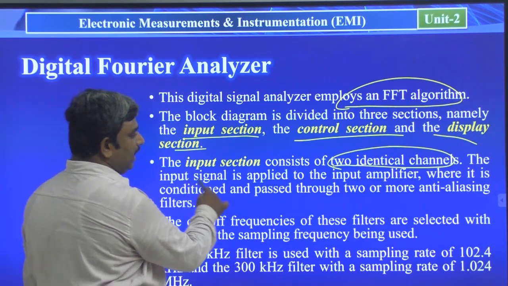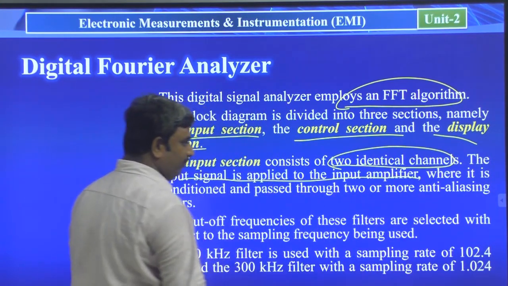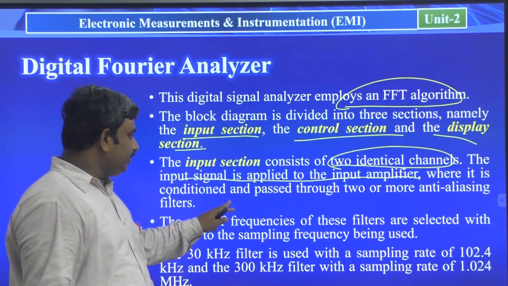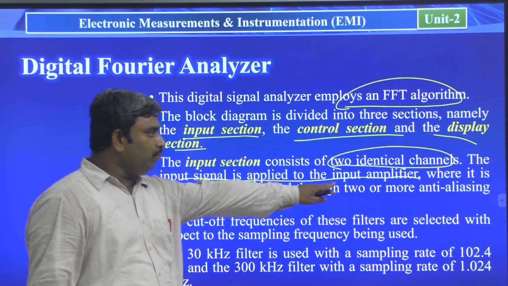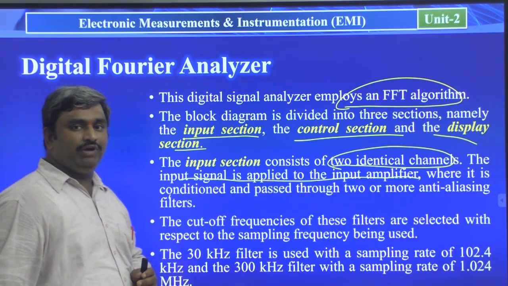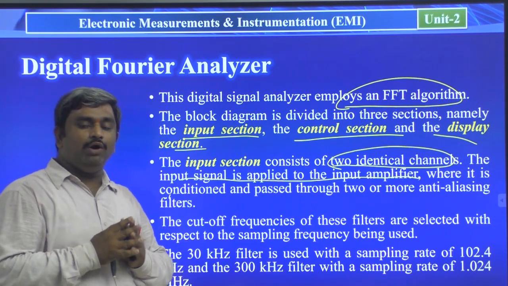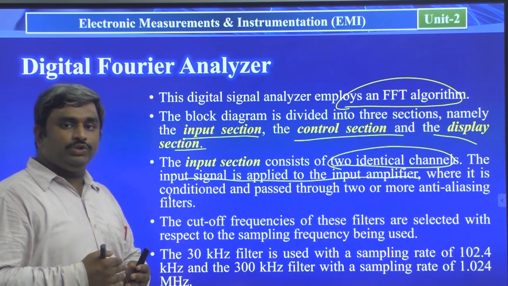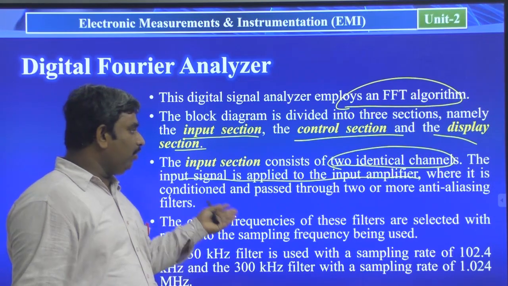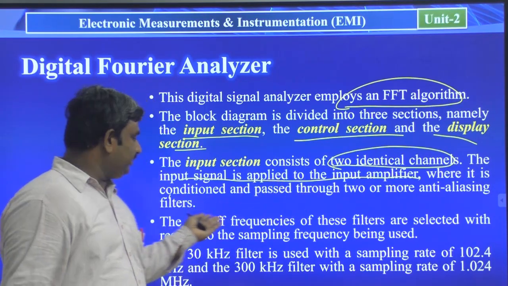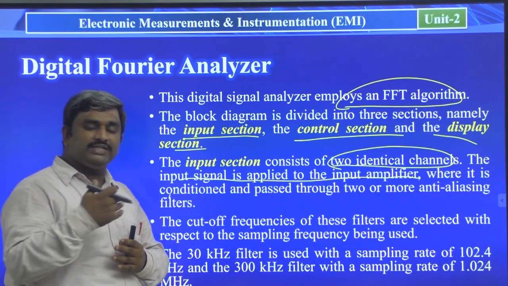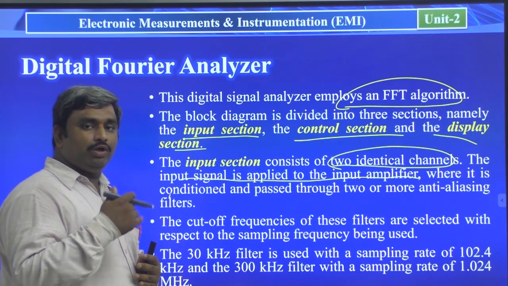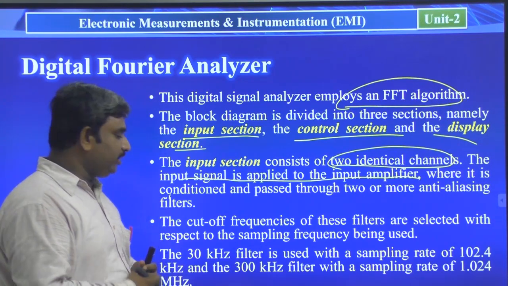The input signal is applied to the input amplifier where it is conditioned and passed through two or more anti-aliasing filters. So in channel 1 and channel 2 we have an amplifier section for conditioning, then two anti-aliasing filters, 30 kHz and 300 Hz.